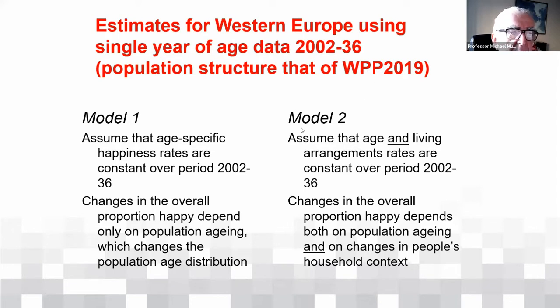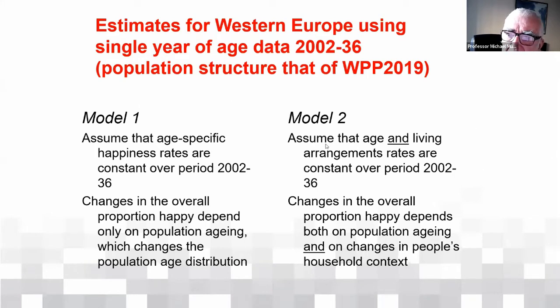And so we just apply these age-specific values to that population structure as it evolves. And then we apply the second value by estimating how many of the people would be living in each of these different household types through the period 2002 to 2036 to see what happens to happiness.